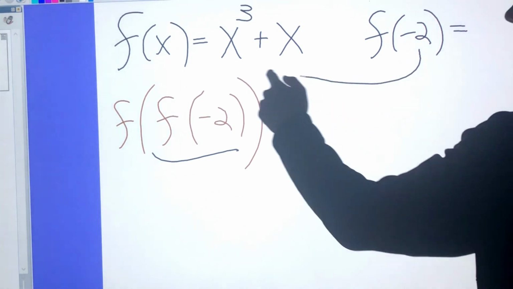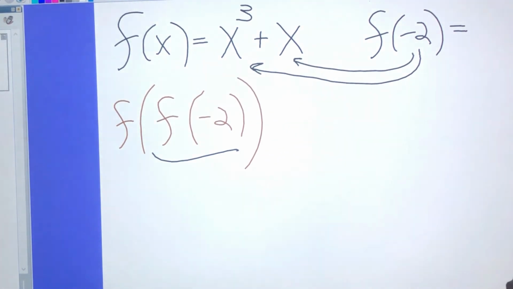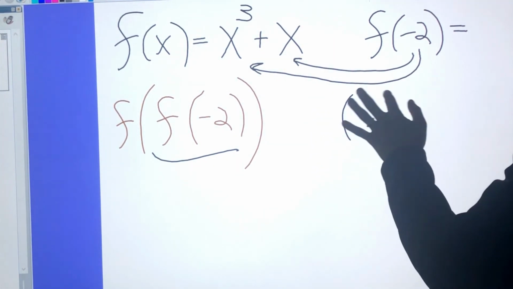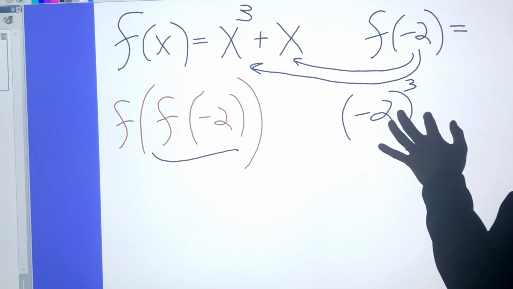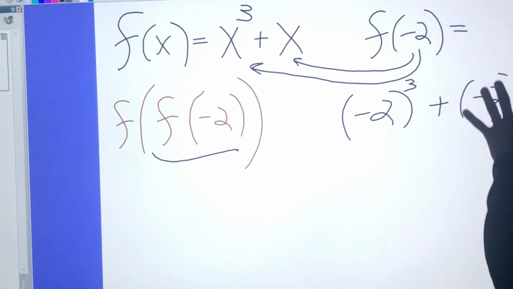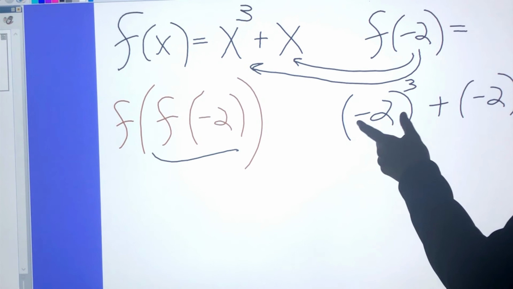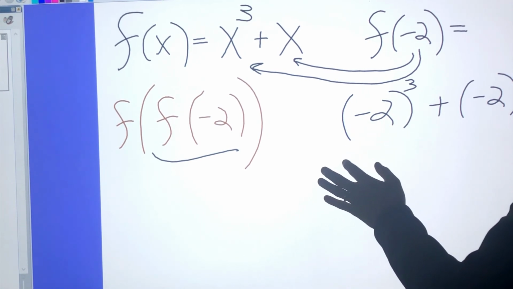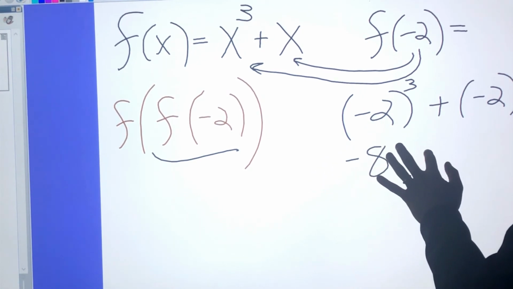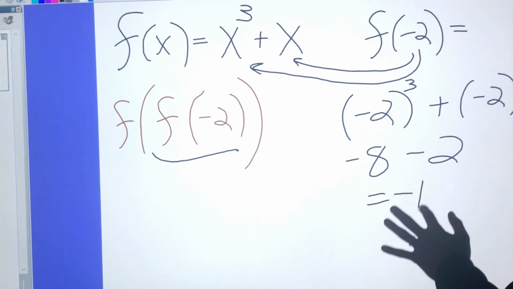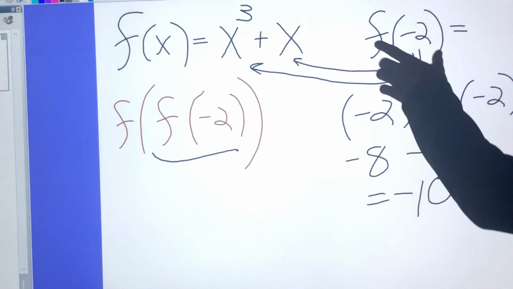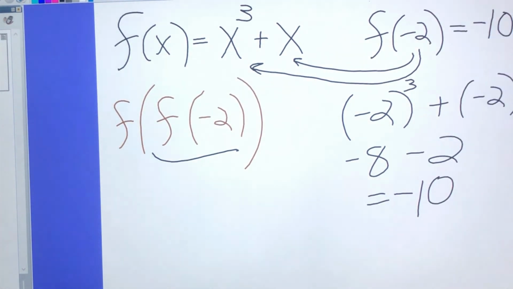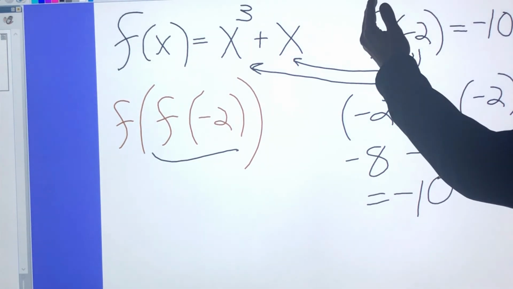Again, I plug this value in for all of my x variables. So -2 cubed plus -2. This is -2 times -2 times -2, so that's -8 minus 2. So that's -10. So what is f of -2? It's -10.